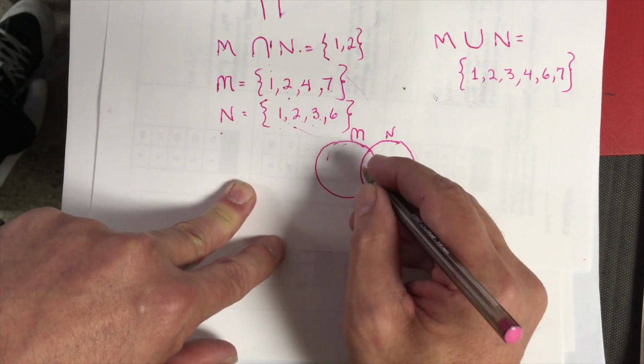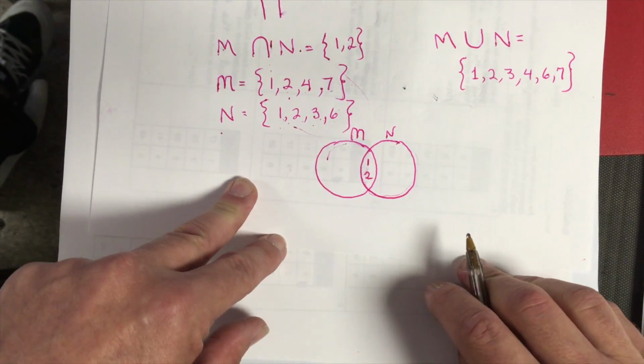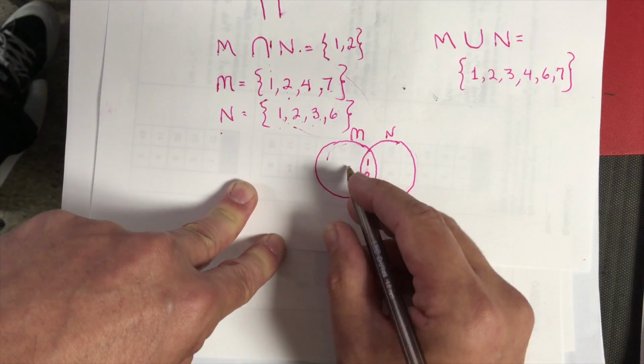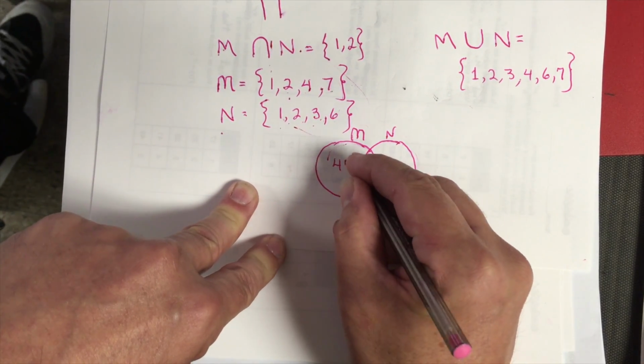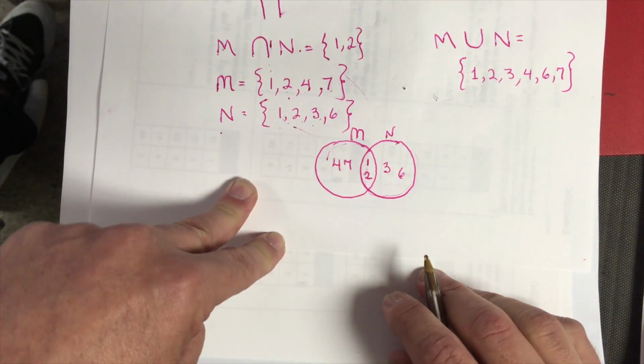In order to make that work, I got to put 1 and 2 over here. If I do that, they're in both circles. And then, to fill it out, M is 4 and 7, and this is 3 and 6.